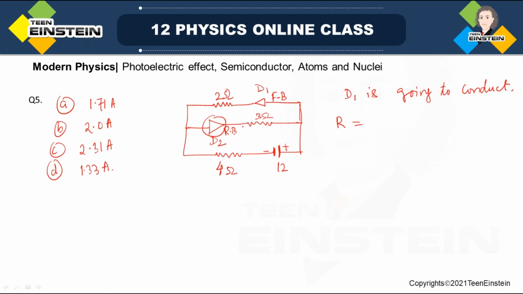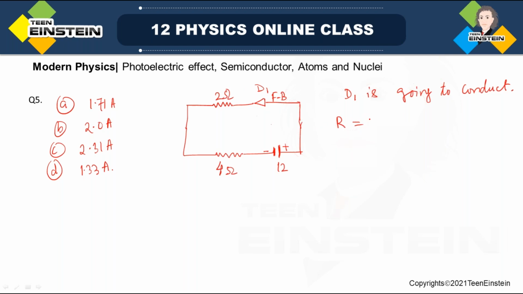You can just think of erasing this, because it is not there now, since it is not conducting. So you can just ignore that. So you have this circuit now.